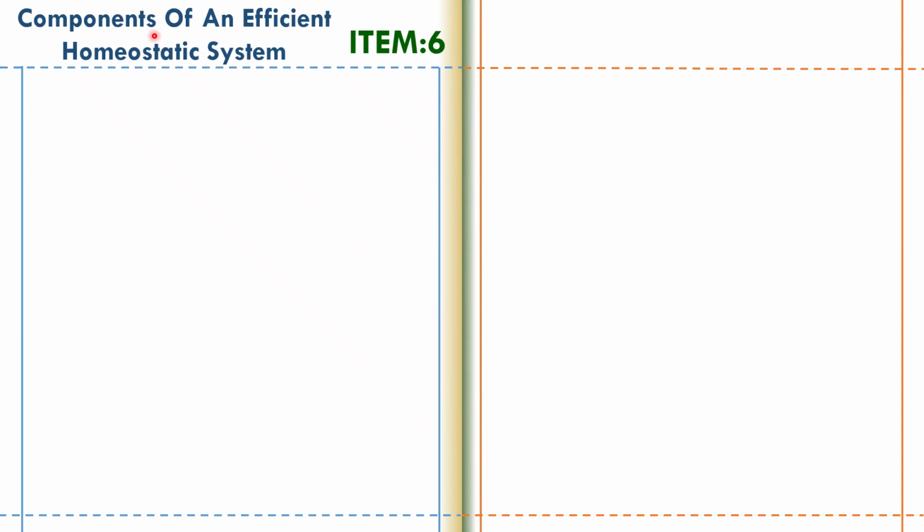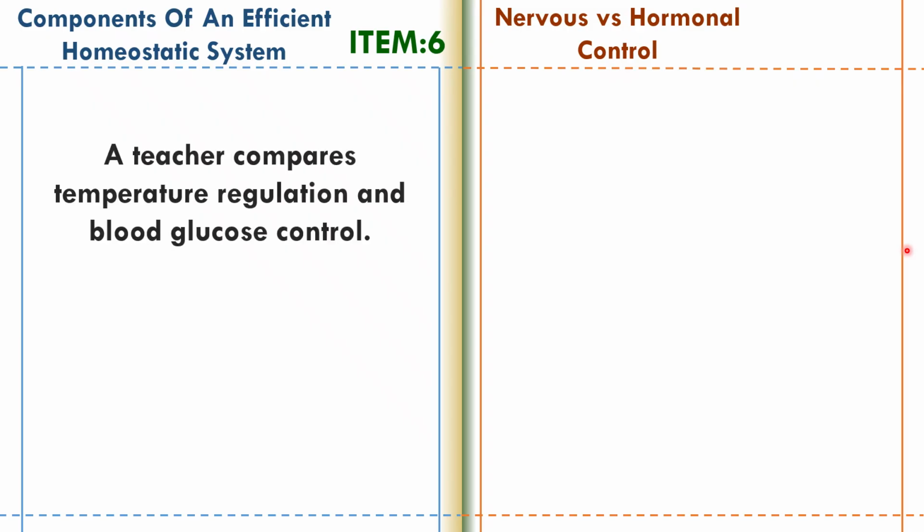We are still on the components of an efficient homeostatic system, item 6. Now we are looking at nervous versus hormonal control. A teacher compares temperature regulation and blood glucose control.